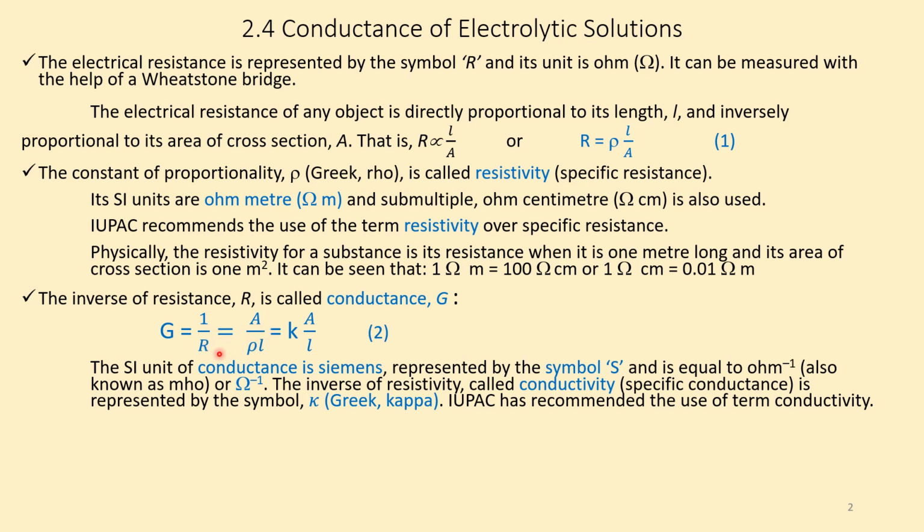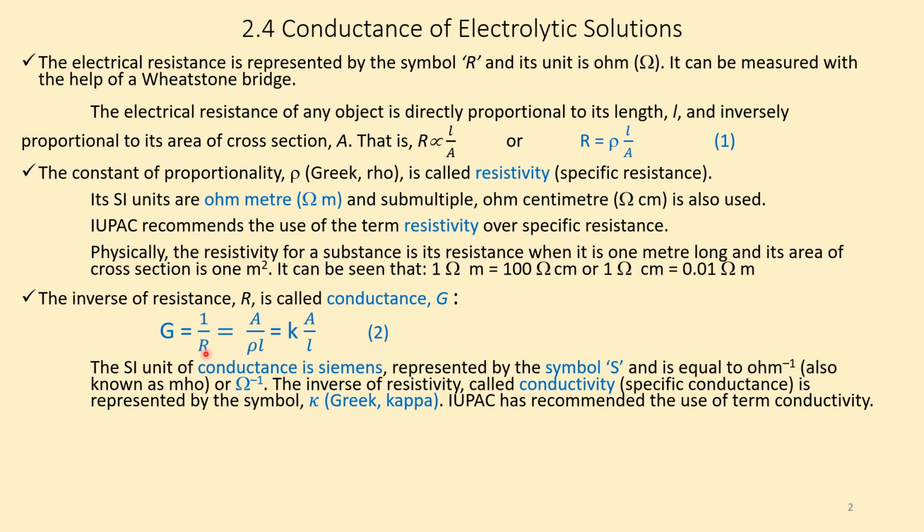Substituting the value of R from equation 1, we get G is equal to A over rho L. That can also be written as kappa into A over L, where kappa is equal to 1 over rho. So if you put 1 by rho equal to kappa, then G is equal to kappa into A by L. Let it be equation 2.